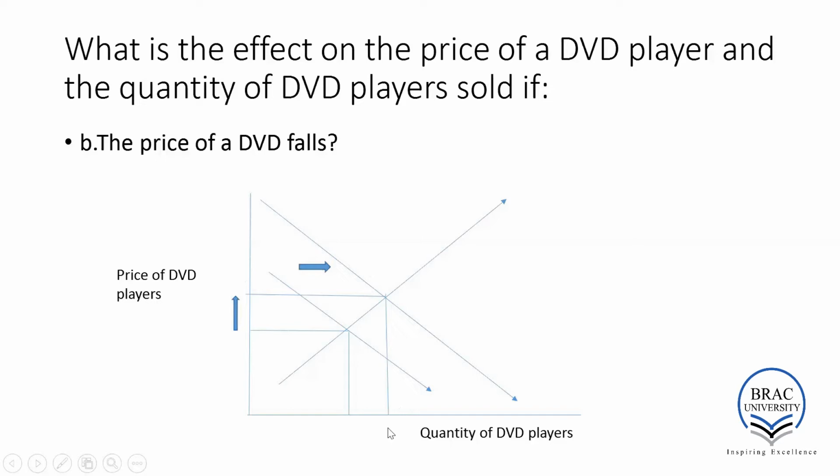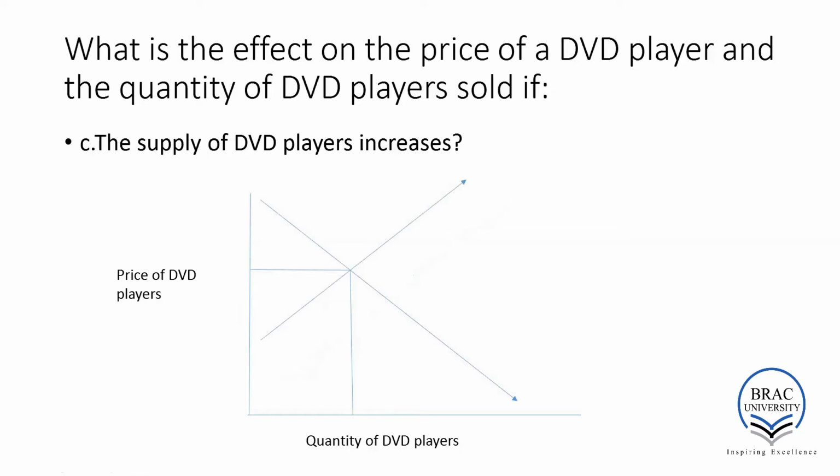We compare the new equilibrium quantity with the initial one. We see that there has been an increase in equilibrium quantity of DVD players. So we see that due to an increase in the price of DVDs, which is a complement for DVD players, we see an increase in equilibrium price of DVD players and also an increase in quantity for DVD players.